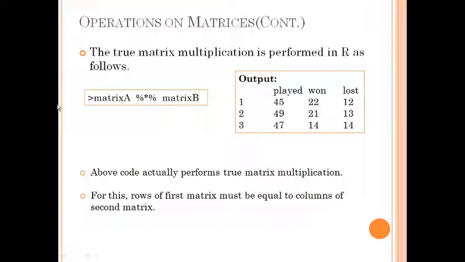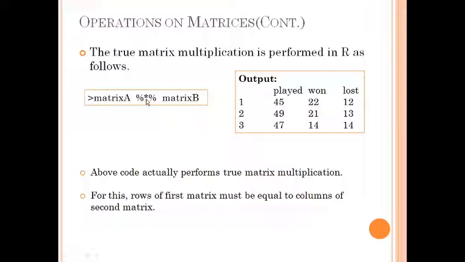The second element of the resulting matrix is generated by multiplying the first row of the first matrix with the second column of the second matrix, and likewise. So this is the actual matrix multiplication, and that is performed like this.